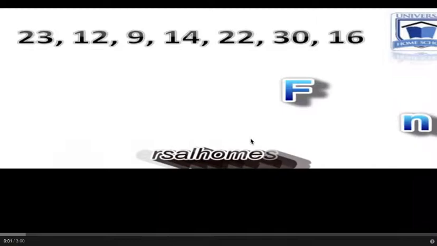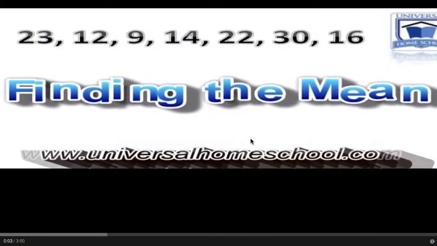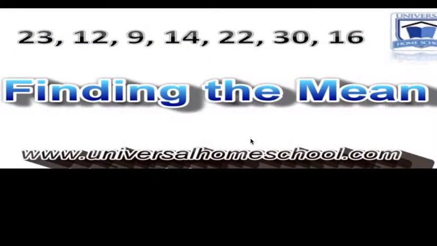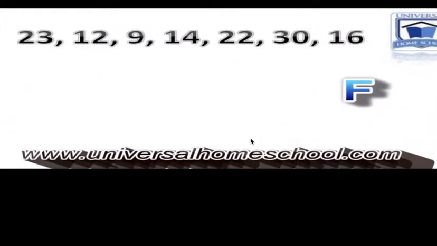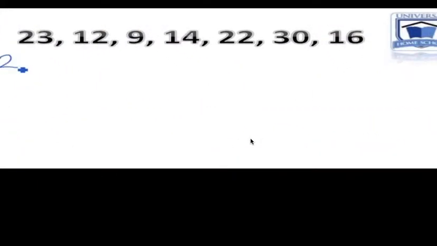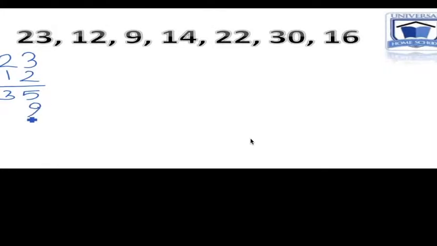In this video, I'm going to teach you how to work out the mean, or the average. Well, first of all, we have to add up all the numbers. We start off doing this simply, add up two numbers at a time. So it's 23 plus 12. That'll be 35. And then 35 plus 9 equals 44.